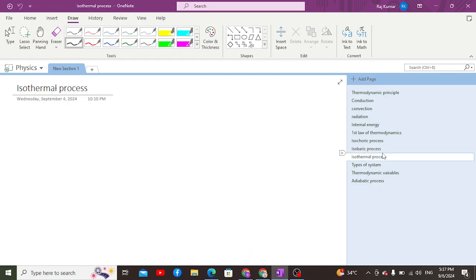On the other side, if we talk about the isothermal process, it is a process in which the temperature is kept constant. As a result of the temperature being constant, the change in temperature will be equal to 0.